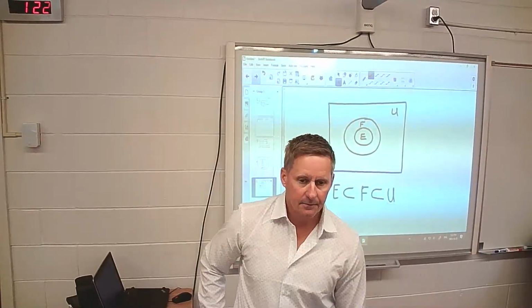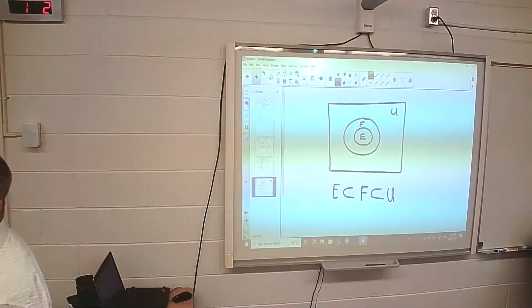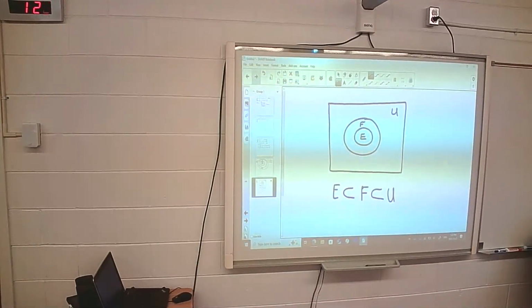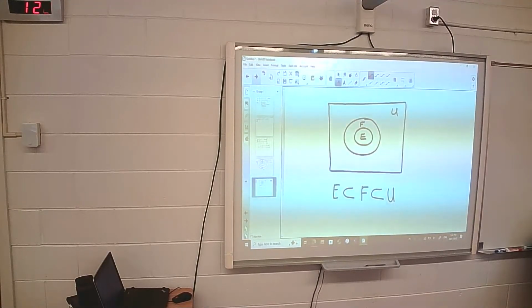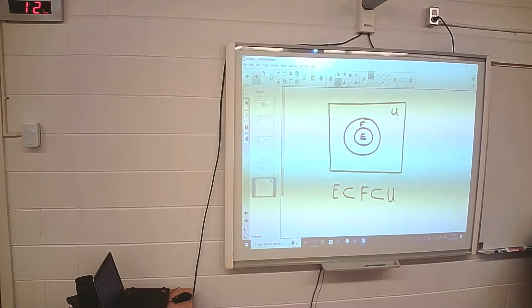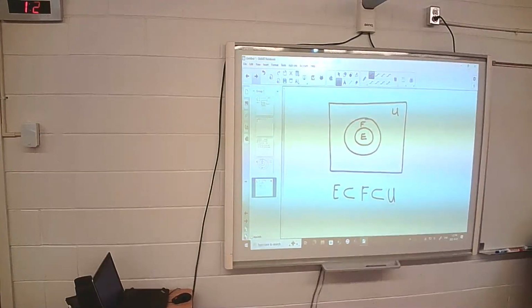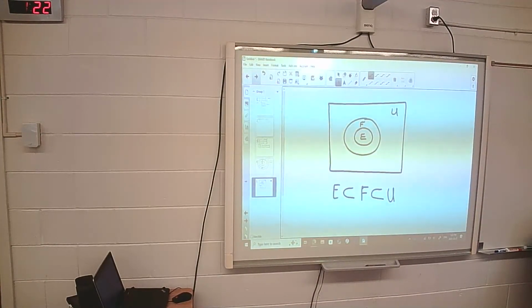So E, so that 8s are a subset of the 4s, meaning all of the 8s are in the 4s. And all of the multiples of 4s are in the universe. So therefore, it's a subset of the universe. So a subset means that part of your set is included in the bigger set. That's what that means.